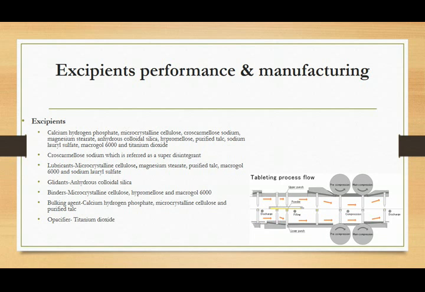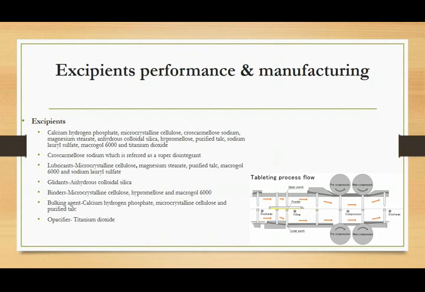Excipients in Isoptin immediate release tablets include calcium hydrogen phosphate, microcrystalline cellulose, and croscarmellose sodium, and so on. The most important one is croscarmellose sodium.